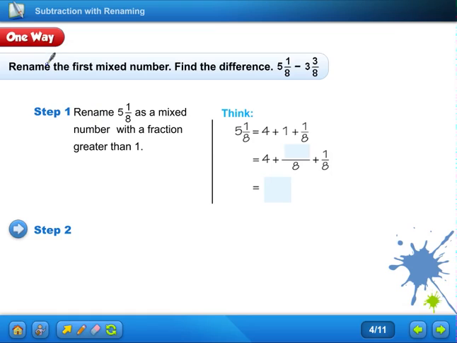All right, next, rename the first mixed number and find the difference between 5 1/8 minus 3 3/8. The problem here is when we are subtracting it. Let me write it like this so you guys can see this.